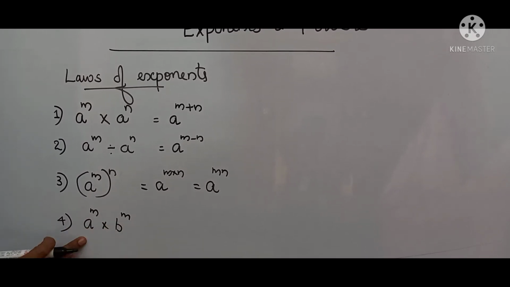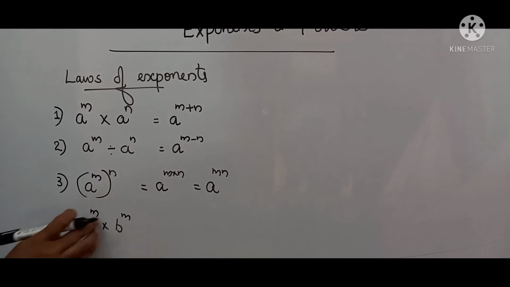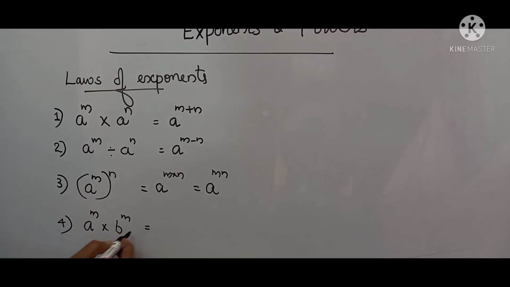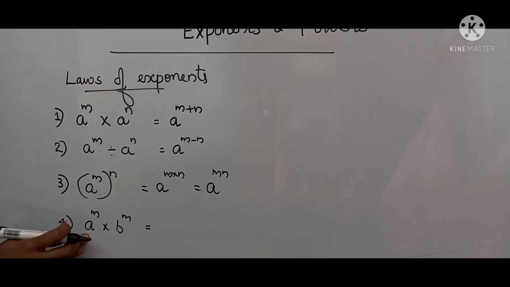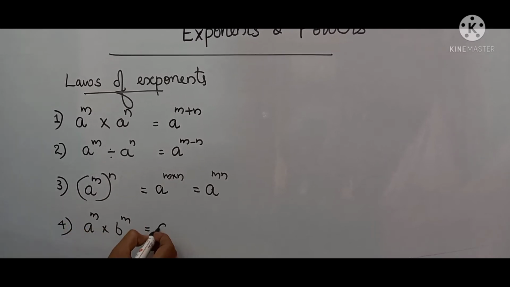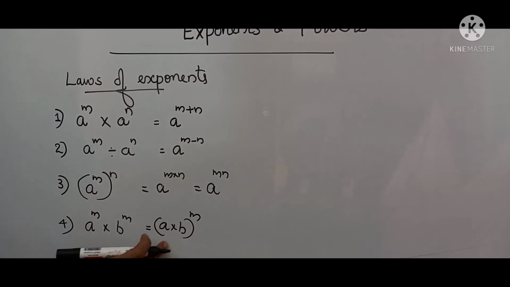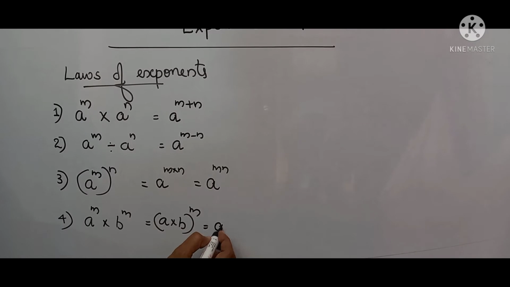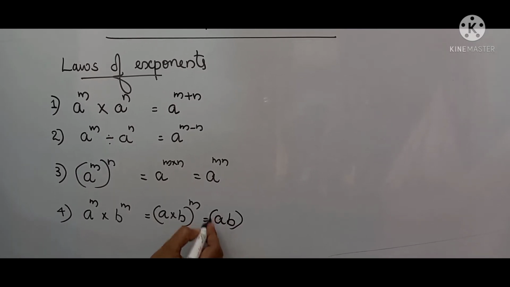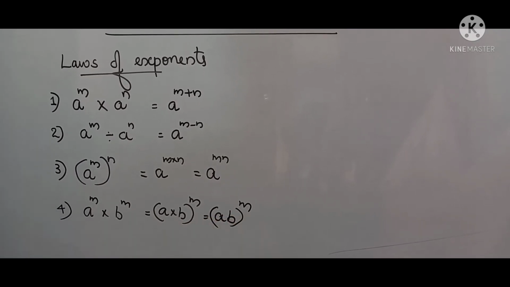Here the bases are different and the powers are same. In that case we multiply the bases and write the power, a into b raised to m. That is the same as ab the whole raised to m.